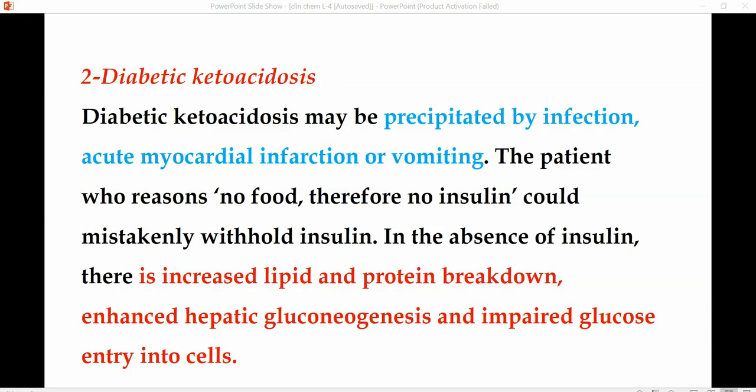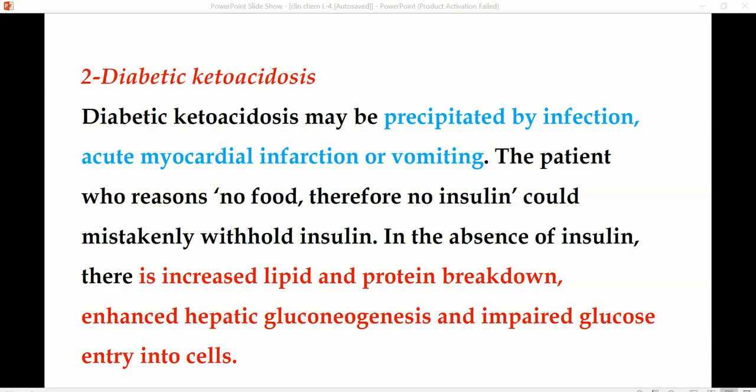In this condition, there is no insulin. When insulin is not present, we have a hyperglycemic state, and the insulin is also not able to inhibit lipolysis.